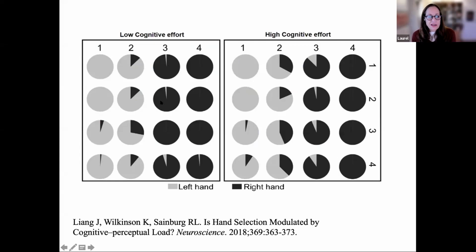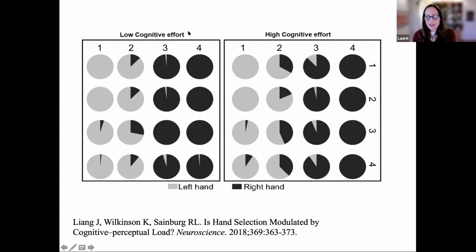Interestingly, in a prior study with neurotypical subjects, there was a direct experimental assessment of the role of cognitive load on limb choice. This was work by one of our friends, Bob Sainburg at Penn State, and his collaborators. There were two conditions that they studied, a low and a high cognitive effort condition.